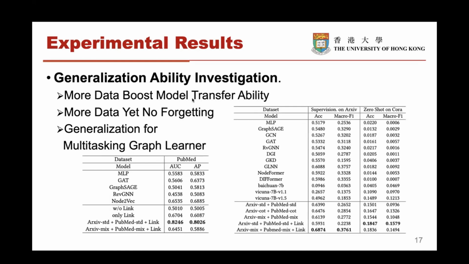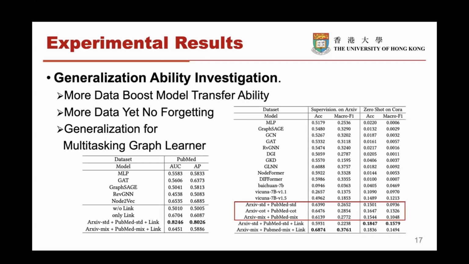We have some interesting observations. More data will boost model transferability, which means a significant improvement in the zero-shot setting. And more data, but no forgetting, which means that when training our GraphGPT on multiple data sources, it will learn from all of them and not suffer forgetting.